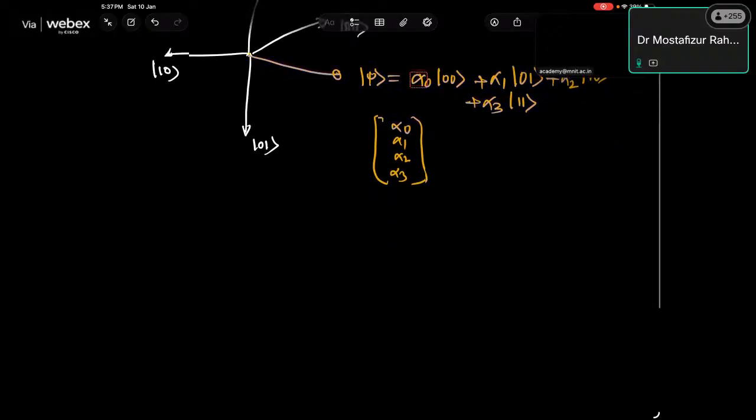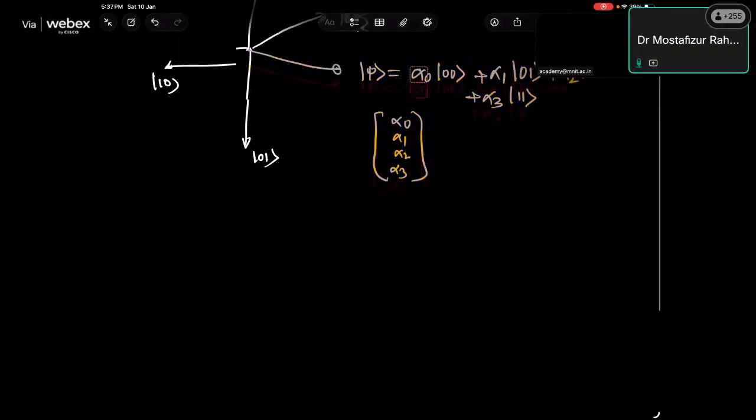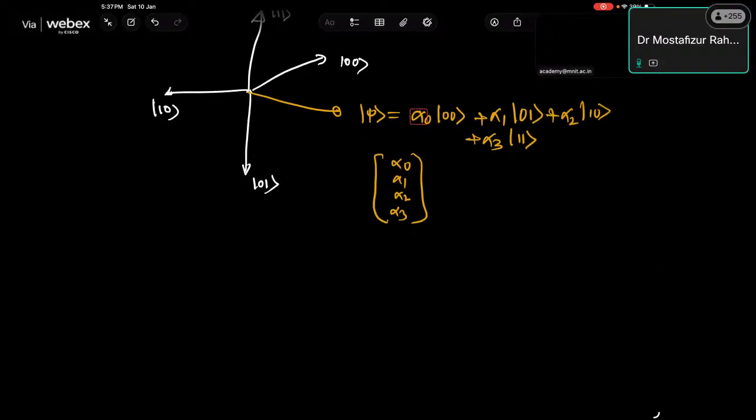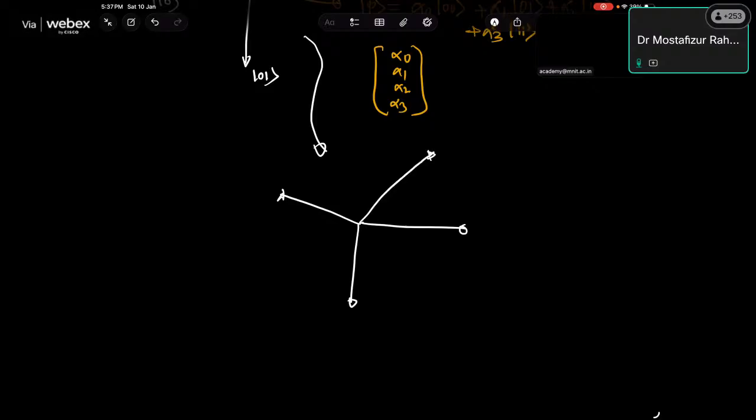Now I created the Bell states. In fact, I created a different representation, where this was my original space, but now I have something else. I have created something using entanglement, and instead of that system, I now have this system where I have the phi plus state, phi minus state, psi plus state, and psi minus state.